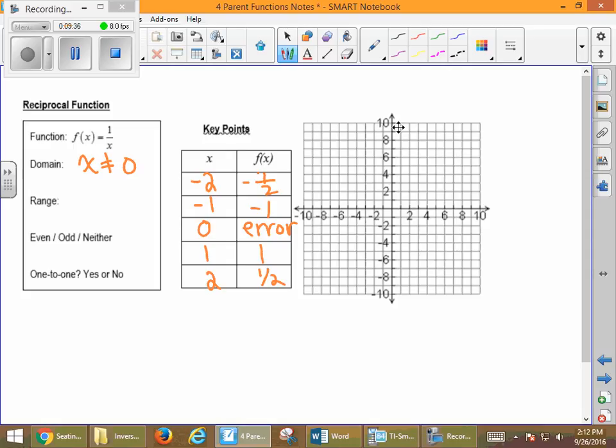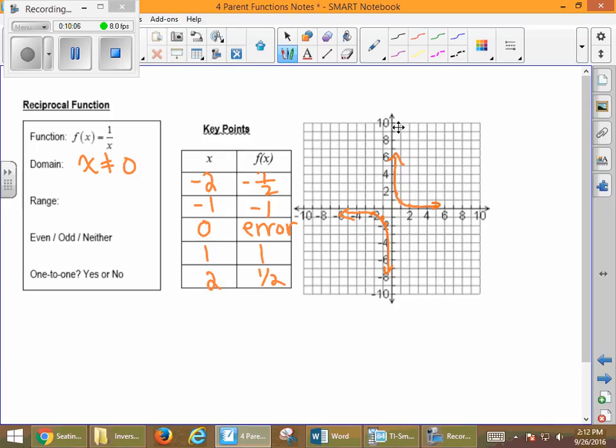So if we draw our picture now, we get negative 2, negative 1/2, negative 1, negative 1. We get that. And then we've got 1, 1, and 2, 1/2. There's our reciprocal function, 1 over x, 1 divided by x.